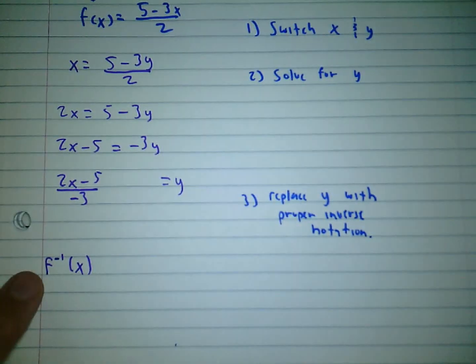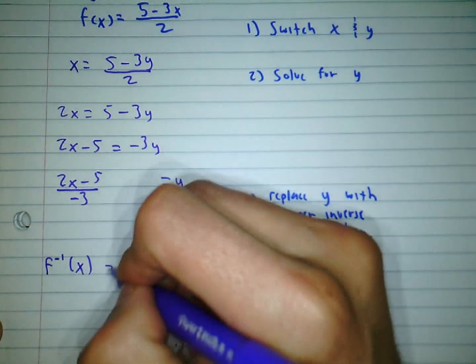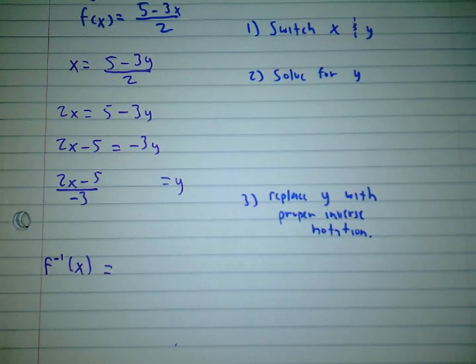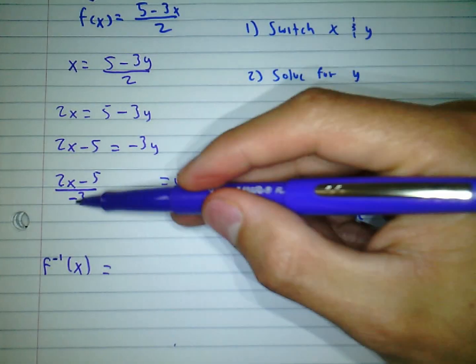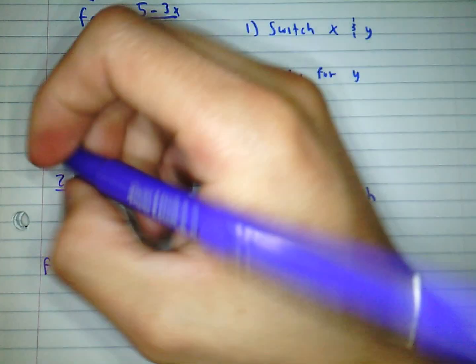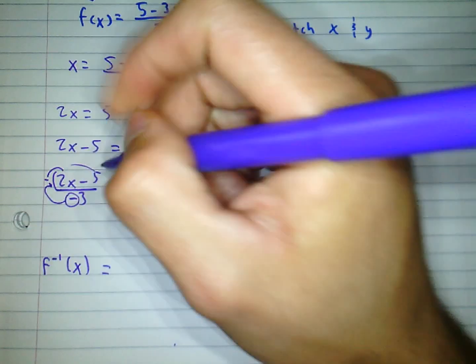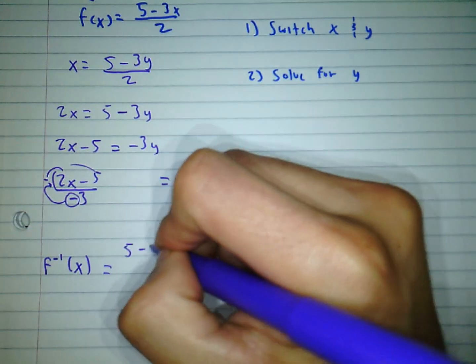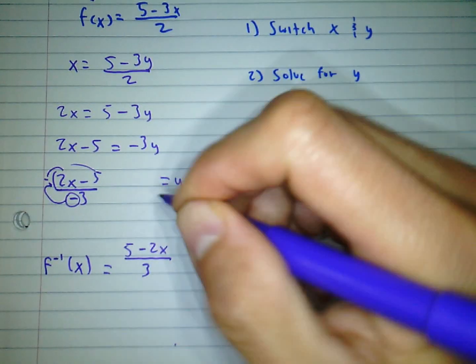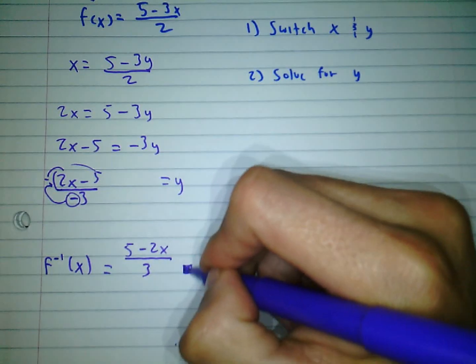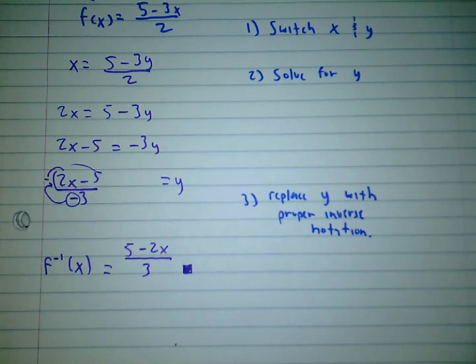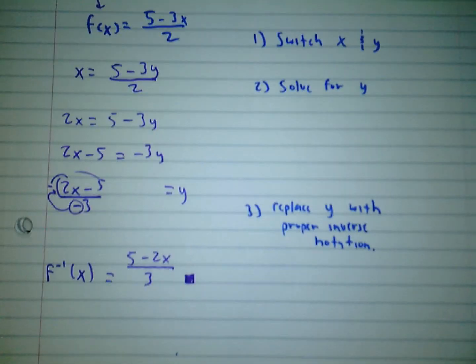So now it's inverse of f of x is equal to. Now I'm just going to use a little bit of algebra to clean this up. I don't like that negative there. So if I bring the negative to the top, and I distribute, that's going to give me (5 - 2x)/3. And then that would be the inverse of f of x.